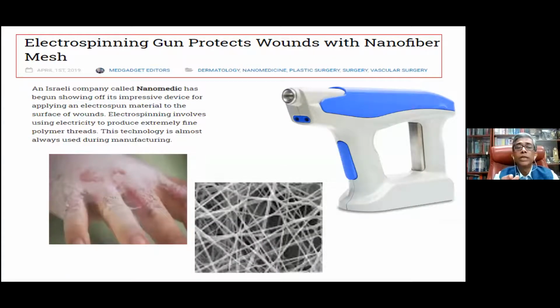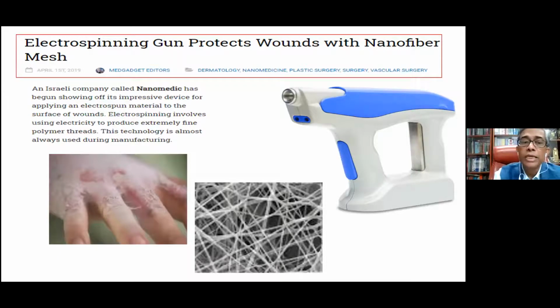I was looking into this area and found that in Israel, they have what is called a nanofiber mesh machine. So if you have a hand burn or something, you don't have to put medicine or burnol, because that makes it very oily and your skin surface doesn't get regenerated very quickly.